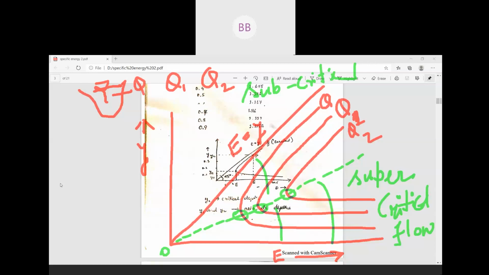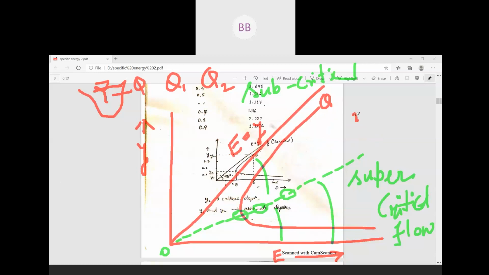Now see, if we consider only one graph, forget about the other two. For that particular specific energy curve for Q, this line divides the curve into two portions: one is supercritical and one is subcritical.